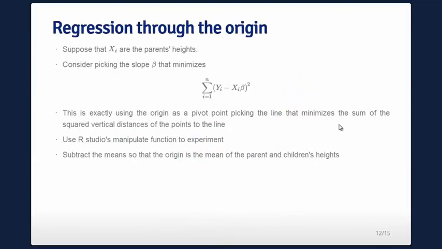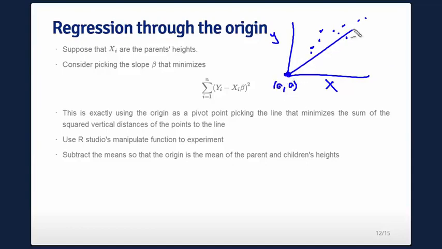To start out with, why don't we forget about the best line in general? Let's imagine I have some XY data. Here's my Y and here's my X. I'm going to put a pivot here at the origin, at the point 0, 0, and then move this line up or down relative to this angle, in a way that minimizes the distances between the points and the line.